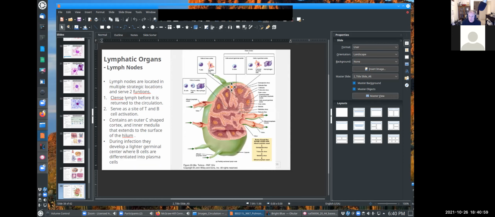And then a lymph node will also have an outer cortex. It will have these intrusions that are called trabeculae, and kind of have a white center like this. So make sure and look at what magnification you're at on this, because it can be confusing if they're zoomed way in or way out.